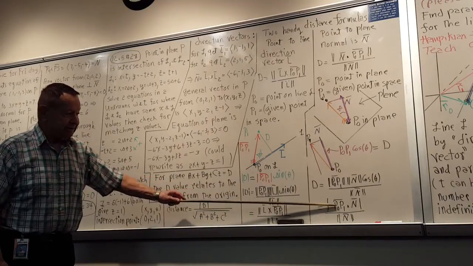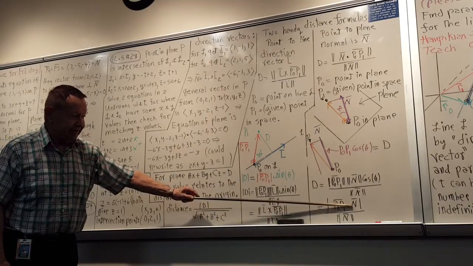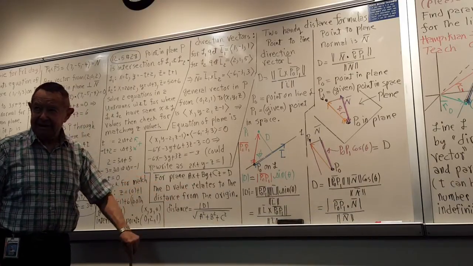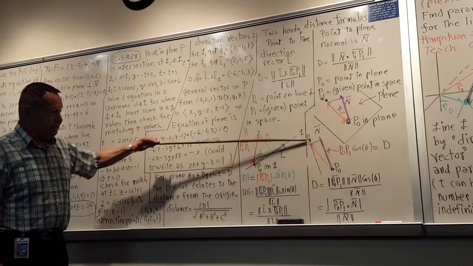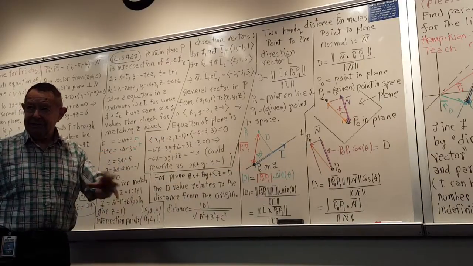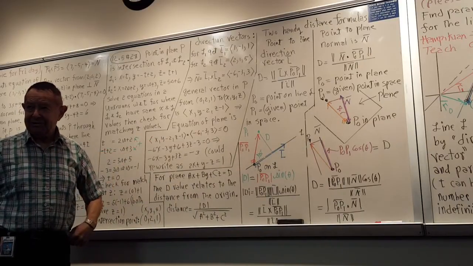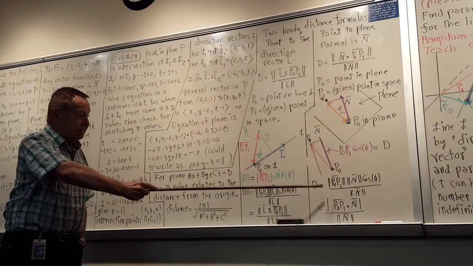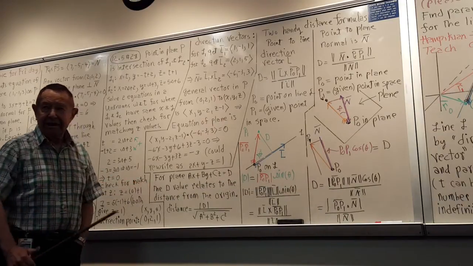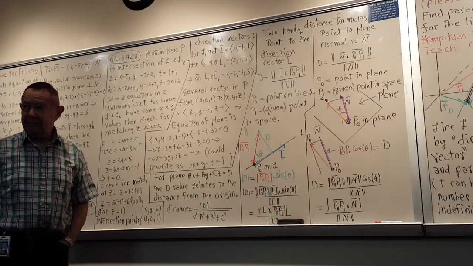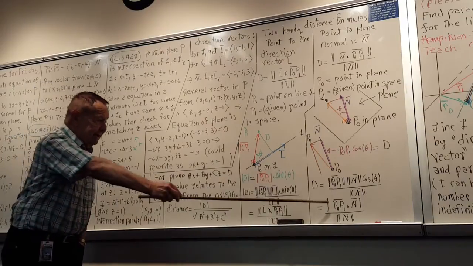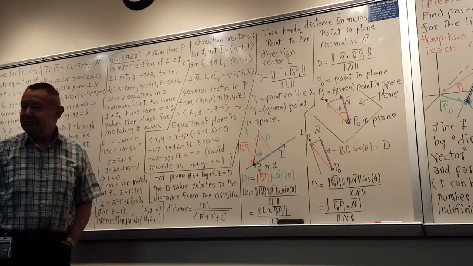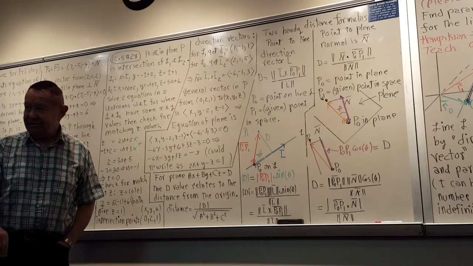Notice that this is not a vector, so it's not the norm of a vector, but it's a number that could be negative. If your angle is more than 90 degrees, your cosine is actually negative. So distance is never negative. So if you have a problem and you do your dot product and you get a negative number, don't use that negative in your answer for the distance.